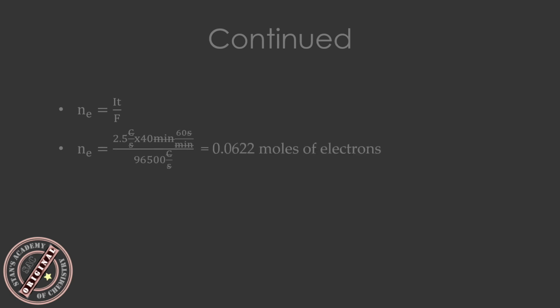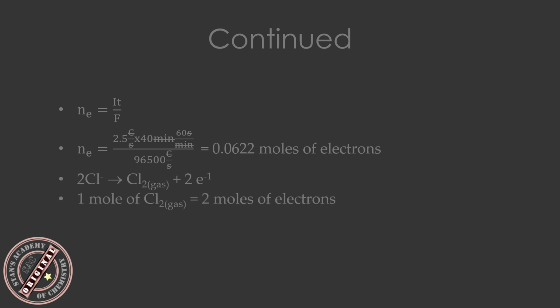I is 2.5 coulombs per second times 40 minutes times 60 seconds per minute, divided by 96,500 coulombs per mole. This will give you 0.0622 moles of electrons.